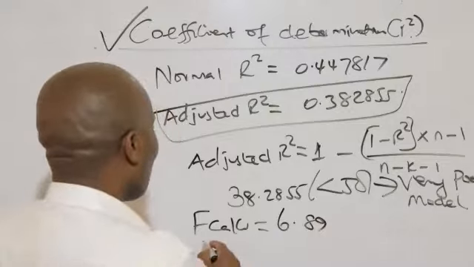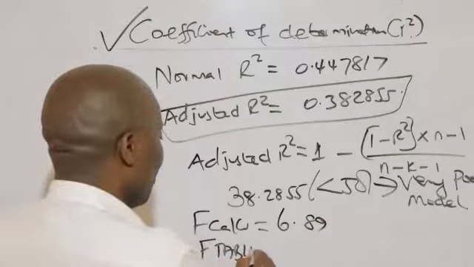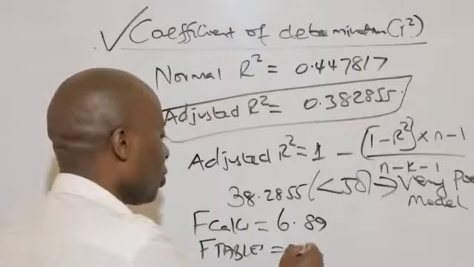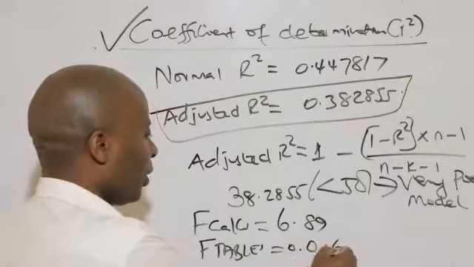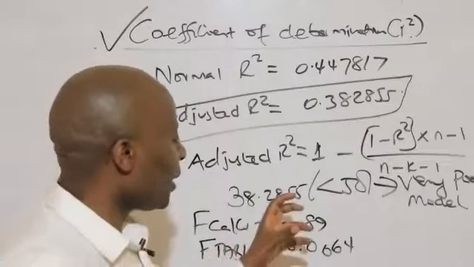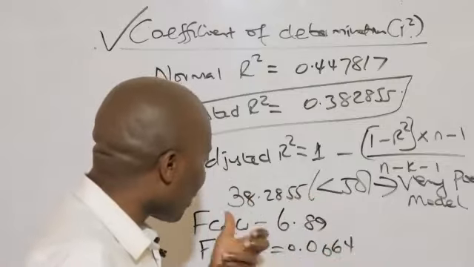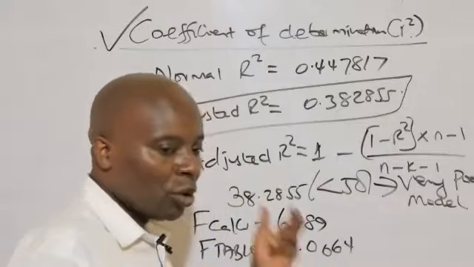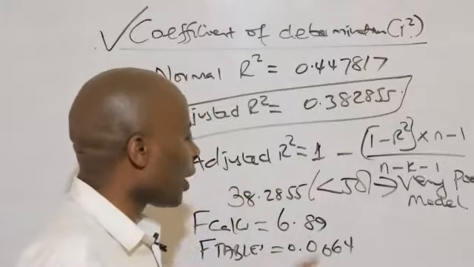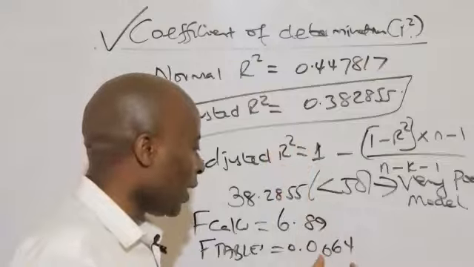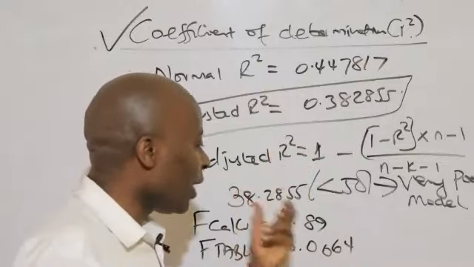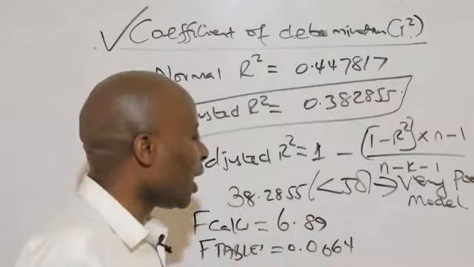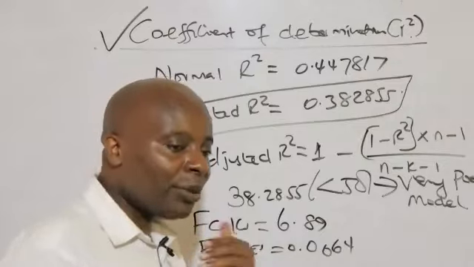And then of course we have the F table's value as given in the column of significance F, which is very small, 0.0064. Ladies and gentlemen, this 6.89 is our calculated parameter, which should always be bigger than the F table's value for us to be able to say that this model is significant. So the F of the model is 6.89, which is more than this, meaning that the model is significant.